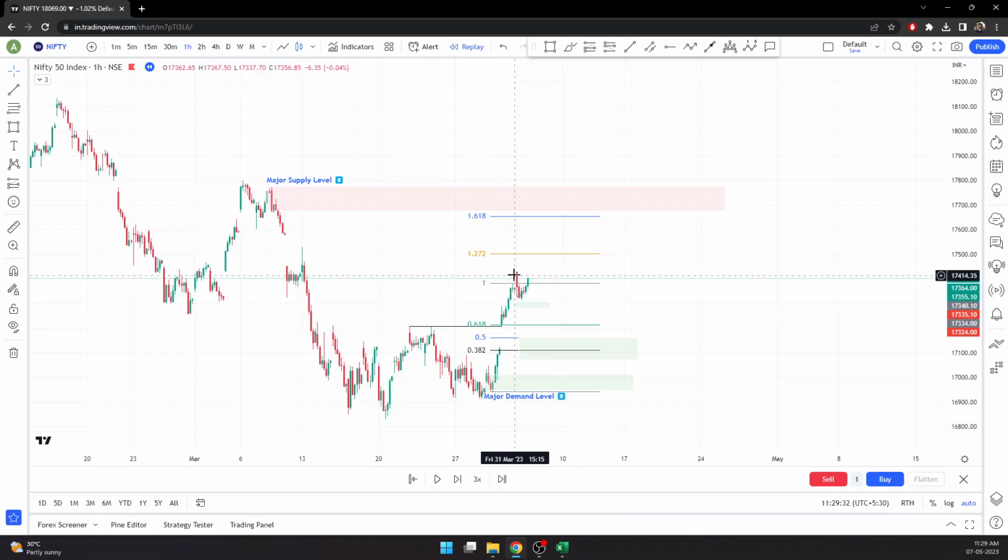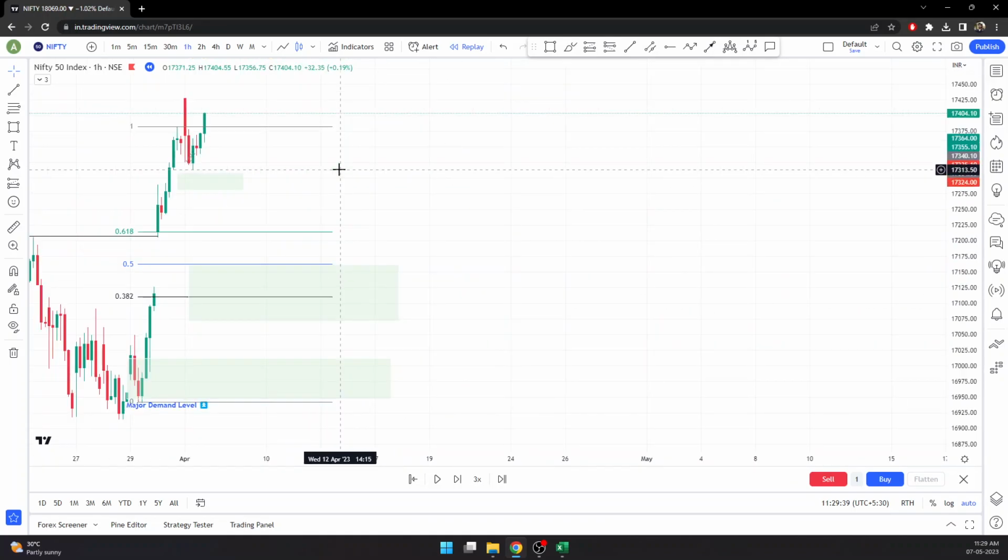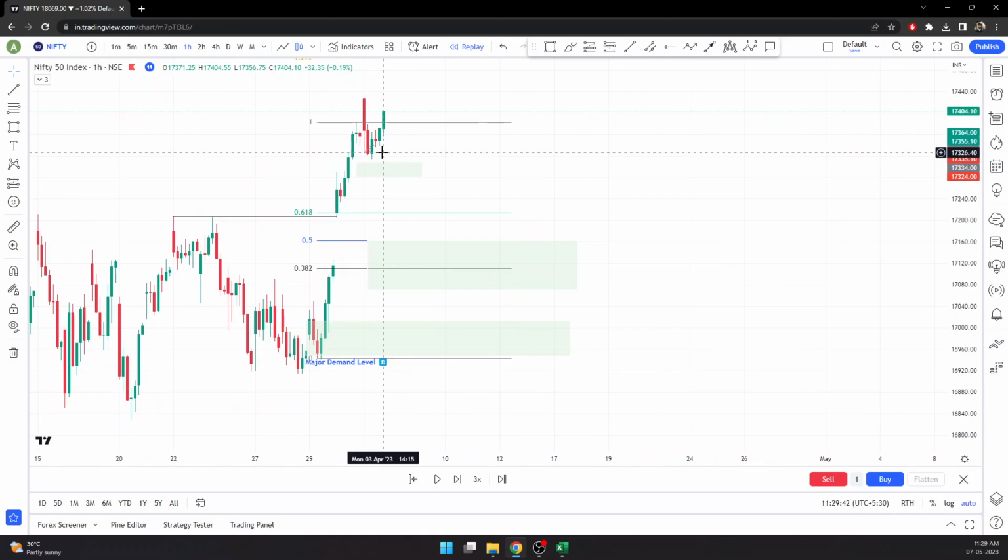So we should have waited for the 50% retracement, or at least waited for it to show some reversal and then taken a buying side entry. So it worked like a charm.